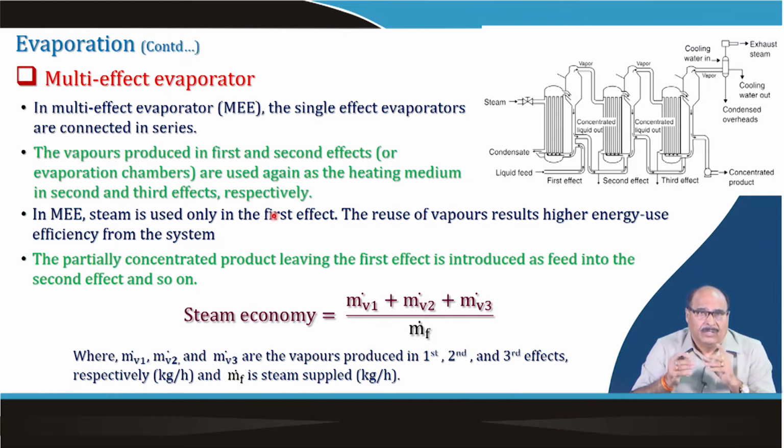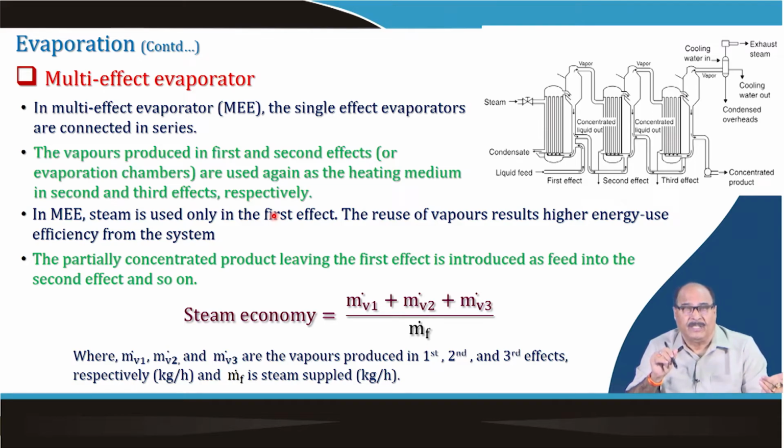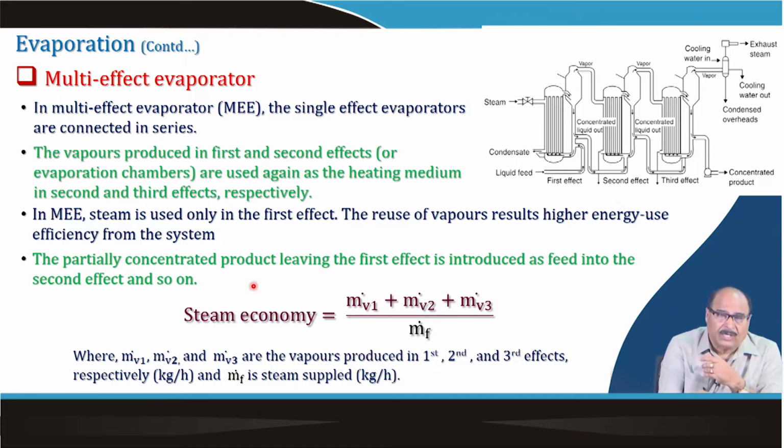Okay. So, in the multiple effect evaporator, the steam is only, as I told you, used in the first effect. The reuse of vapors results in higher energy use efficiency from the system. So, the partially concentrated product leaving the first effect is introduced as feed in the second effect, and so on. So, it results in better steam economy.